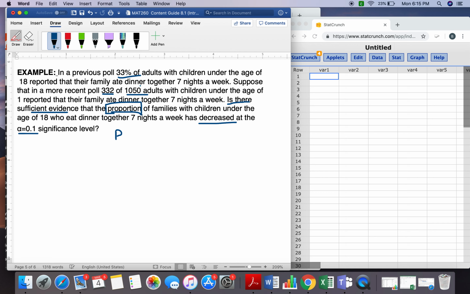And we said that in a previous poll, 33% of adults ate together. So 33% is what we're looking at. And the claim here is that it has decreased. So we want to look at this less than 0.33 is our claim.